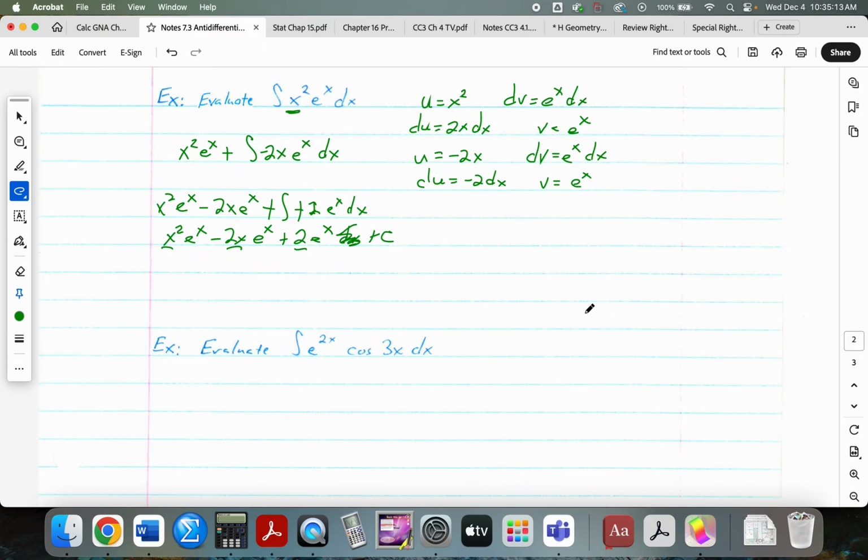So what you can do is you can do what's called tabular form for a problem like this. Since you only had to do integration by parts twice, you certainly don't need to. But what you can do is make a column of u and its derivatives and dv and its antiderivatives.